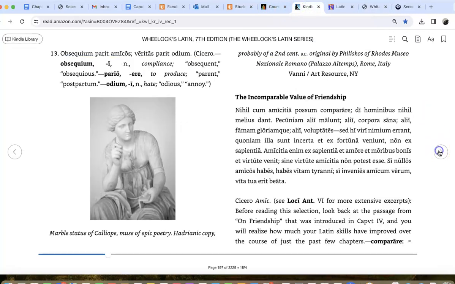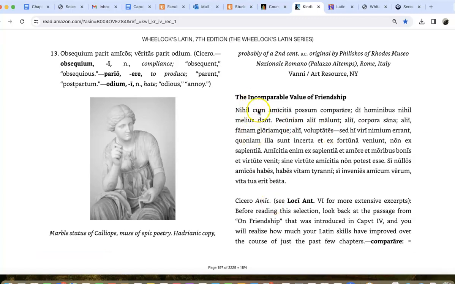All right, we're going to move on to the longer passage, by Cicero, De Amicitia, on friendship, which he published in 44 BC. A great book on friendship. Of course, Plato wrote a short treatise on friendship. Aristotle, significantly more reflections.